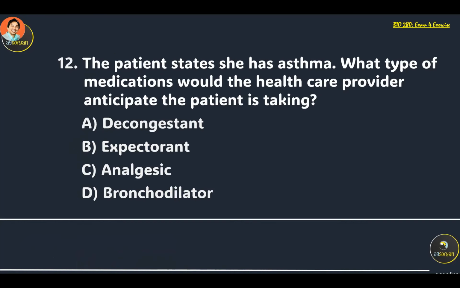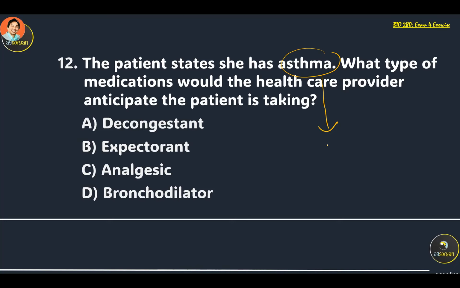The patient states she has asthma. What type of medication would the healthcare provider anticipate the patient is taking? So she has asthma. A, B, C, or D. What is asthma? Asthma is a disease that makes the muscles constrict.